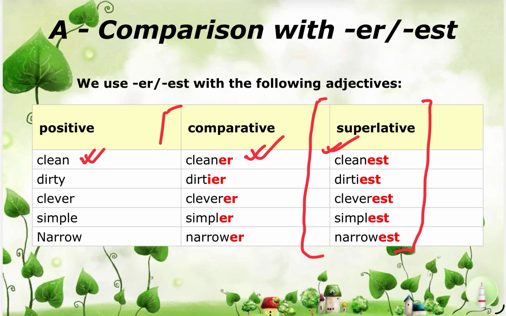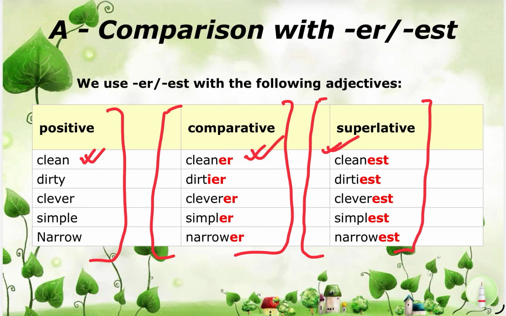Comparative is used to compare two things, and positive is used to define the simple quality of a particular thing. Just say that the bed sheet is dirty. For simple, we tell it for a single noun, but when we compare two nouns, we can say that this particular bed sheet is dirtier than the other bed sheet.